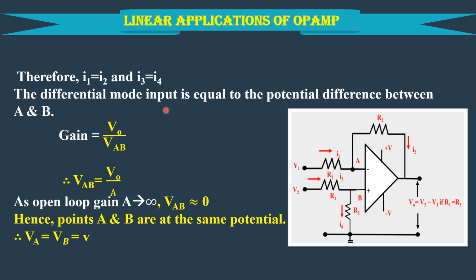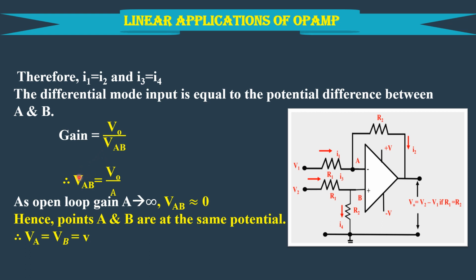Therefore, the differential mode input is equal to the potential difference between these two terminals A and B. Therefore, gain of this amplifier can be written as V0, which is the output voltage, divided by VAB.